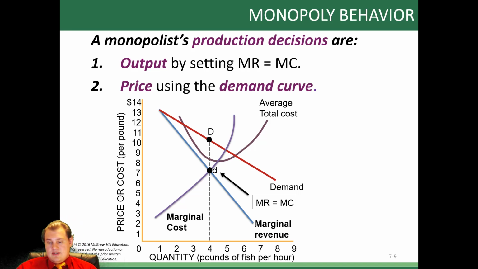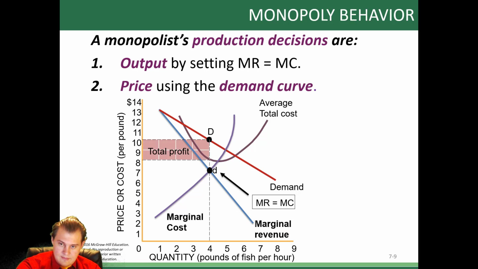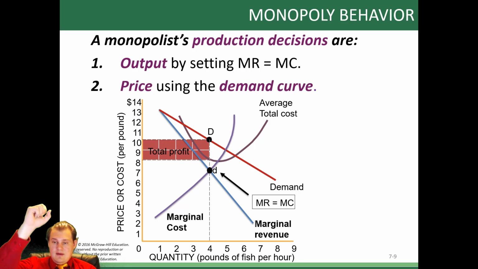If I'm producing 4 units, the demand basically becomes the price, which is what people are willing to pay. It looks like $11 at 4. My total profit is from the price people are willing to pay in that monopoly, all the way down to where the ATC is. That gives me profit per unit.